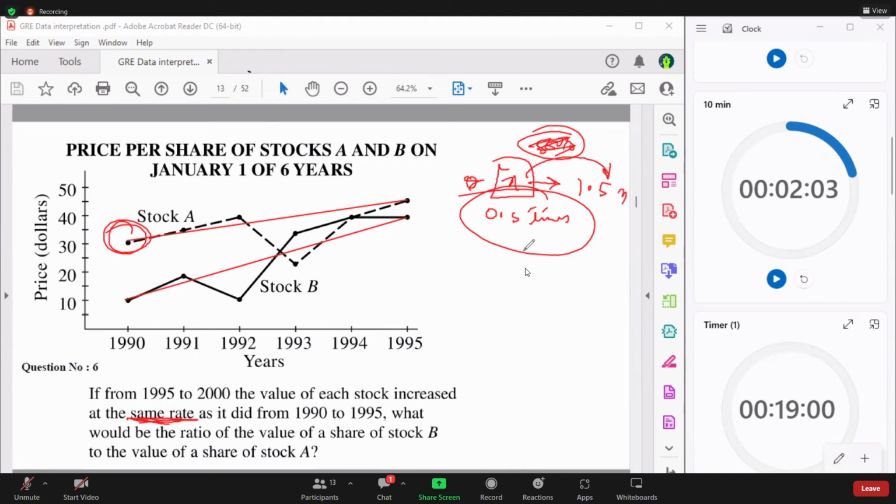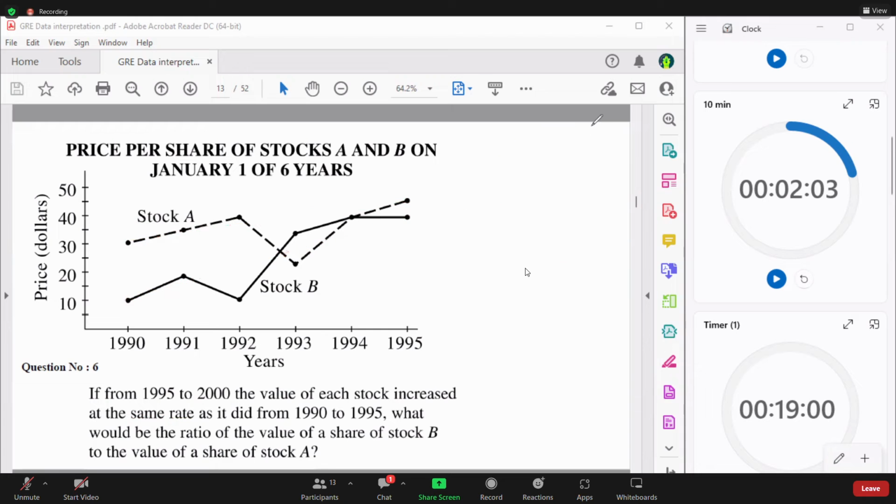So then it would have been mentioned as a percentage. Like here also it is a rate only. It is becoming 1.5 times of itself. That is a rate. If the stock increased by $15 from $30, then it increased by a rate of half of itself.